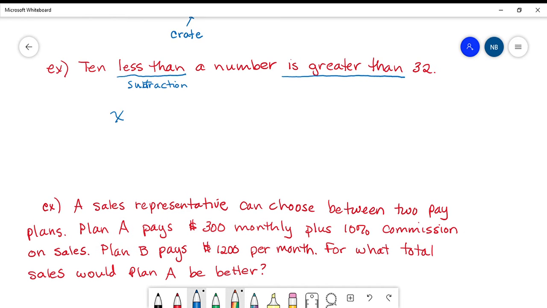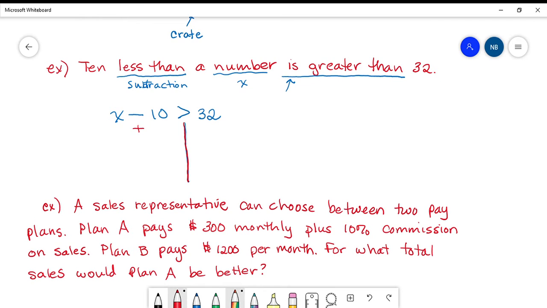So the number is given by x. We need 10 less than that number, so we need to take 10 away from that number. Is greater than, because of this verb, linking verb is right here, we know that we need a greater than symbol in front of the 32. We're solving for x, so we need to move the 10.